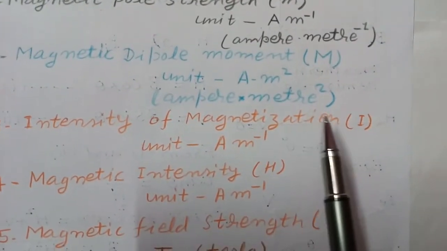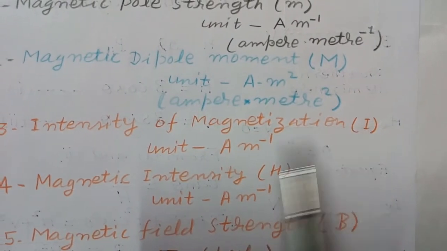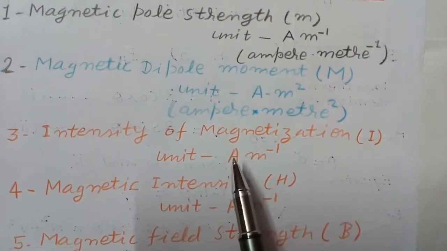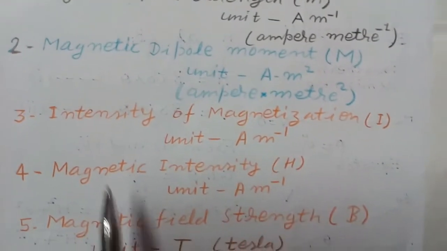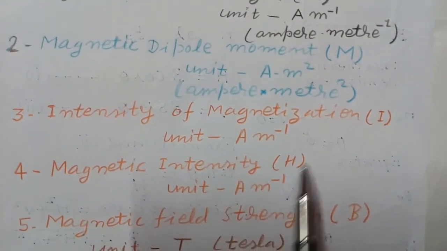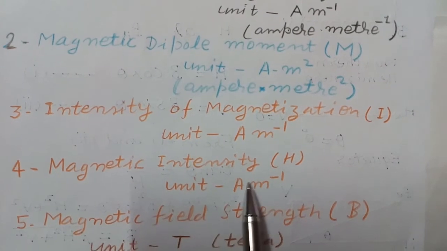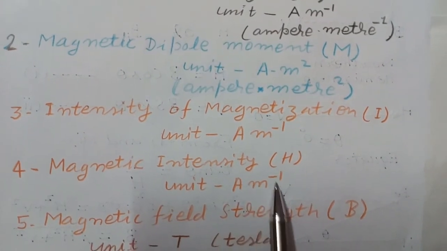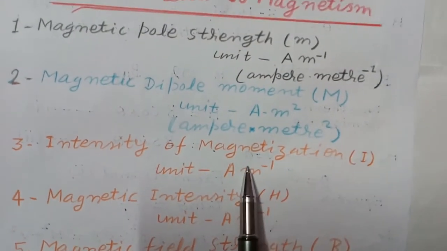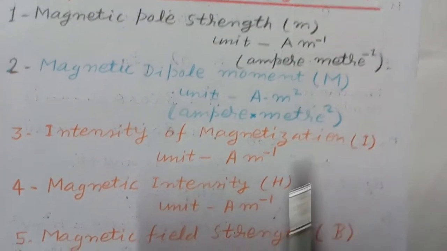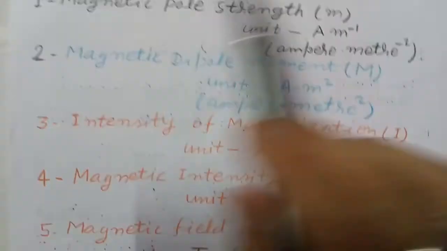Intensity of magnetization is denoted by capital I, and its unit is also ampere into meter to the power minus 1. Magnetic intensity capital H also has the unit ampere into meter to the power minus 1. So the units of H, I and M are the same, but they are different physical quantities.